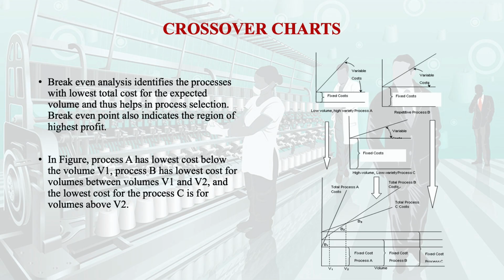Now, break-even analysis identifies the process with the lowest total cost for the expected volume and thus helps in process selection. Break-even point also indicates the region of highest profit and the region of loss.